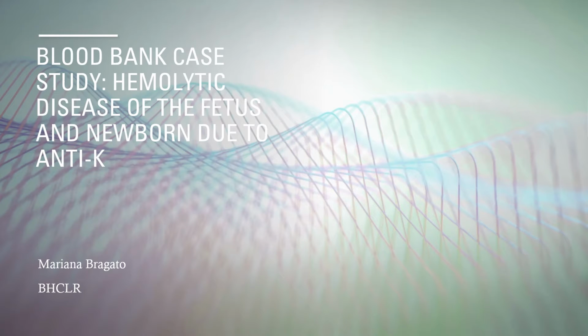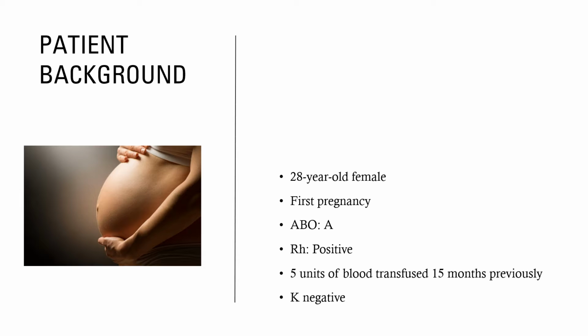Today, I'm going to present a case study about hemolytic disease of the fetus and newborn due to anti-K. The case study is about hemolytic disease of fetus and newborn with an anti-K type. The patient is a 20-year-old woman, G1P0 at her first prenatal visit.